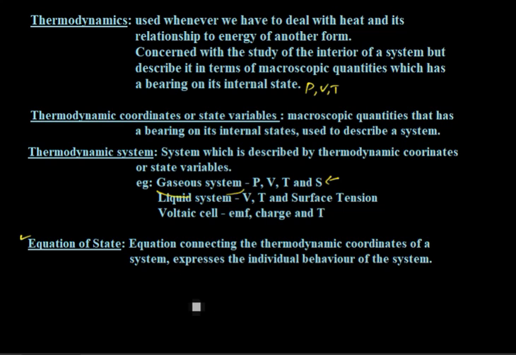You are familiar with the ideal gas equation PV = nRT. Here it gives the interrelation between the pressure, volume and temperature of a thermodynamic system or an ideal gas, and this is the equation of state for an ideal gas.